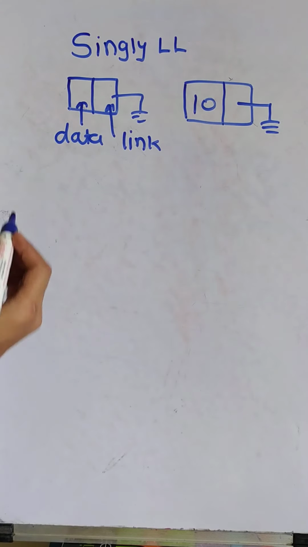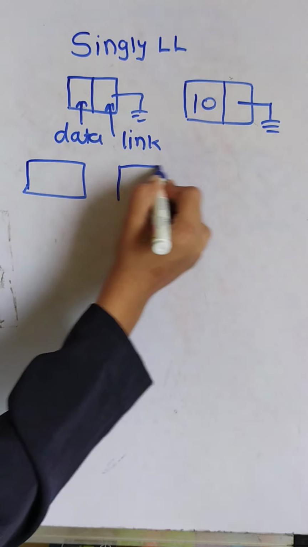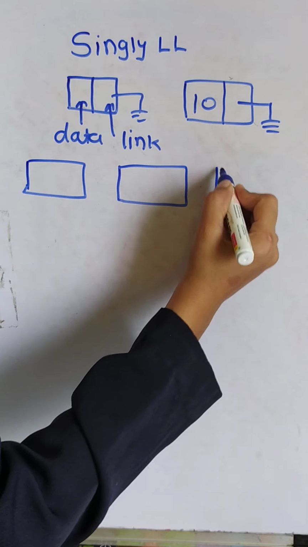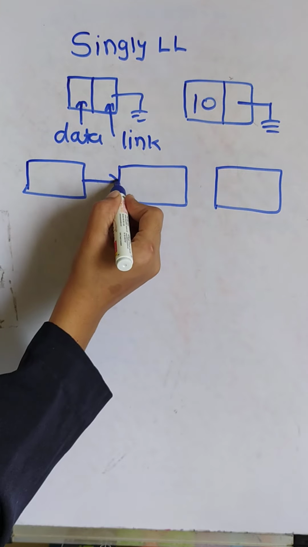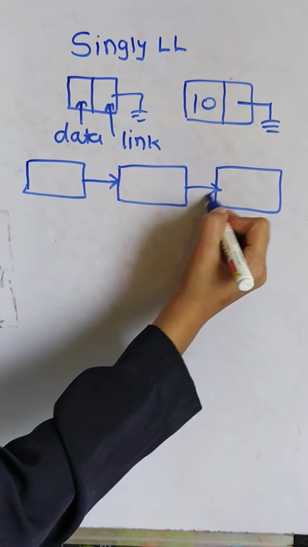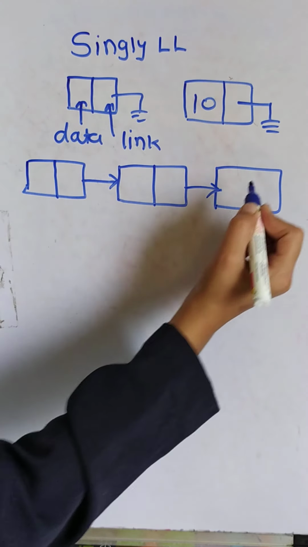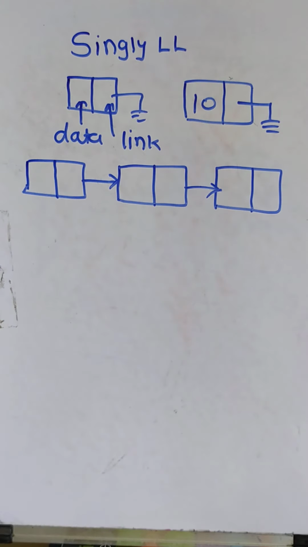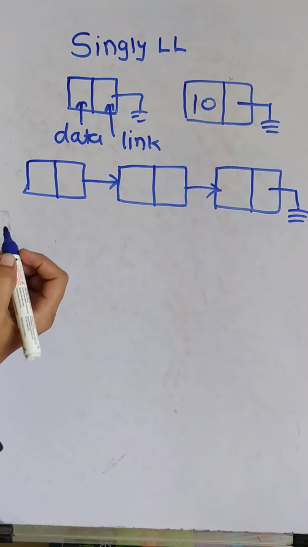A singly linked list is a collection of different nodes, and these nodes are connected by a single link. See, this is one link. In every node there are two parts: one is a data part and one is a next part. And here is the end of your list.